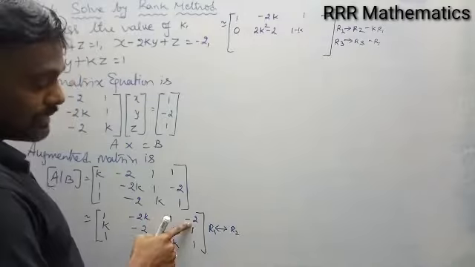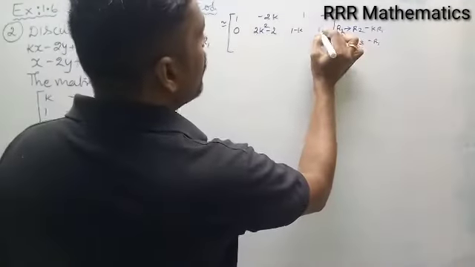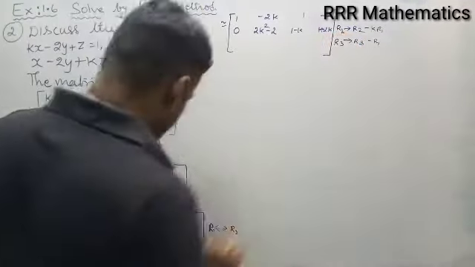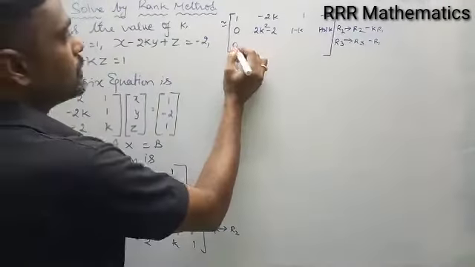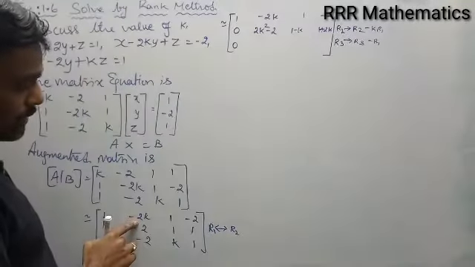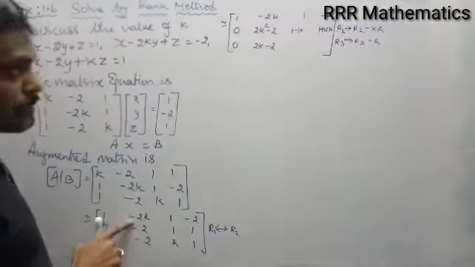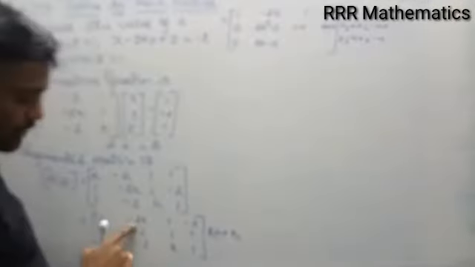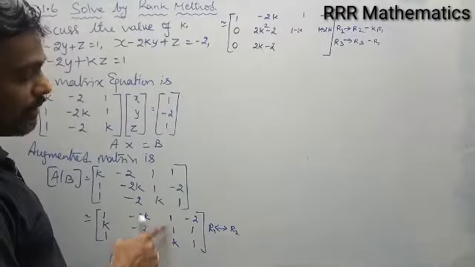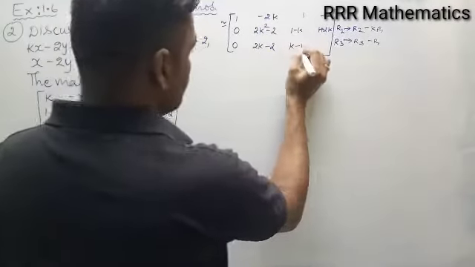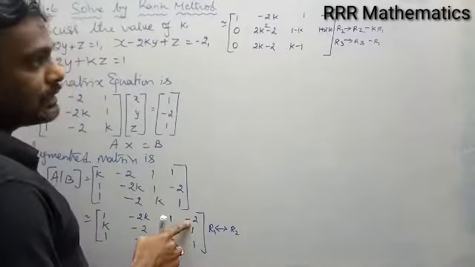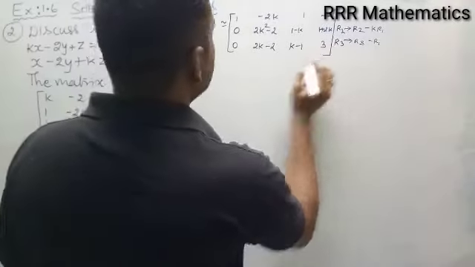I will multiply minus k, it will be plus 2k, 1 plus 2k. Next 1 minus 1, 0. Minus 2, when you subtract here, it will become plus 2k. 2k minus 2. This is minus, so minus into minus plus, it will be k minus 1. Then 1 minus into minus plus, so 1 plus 2, 3.